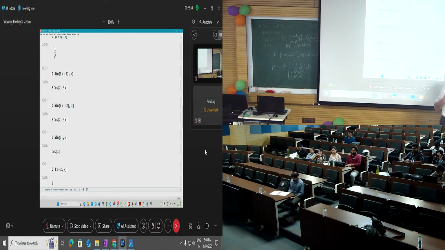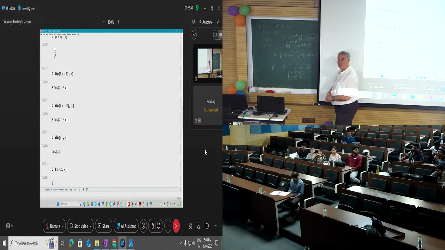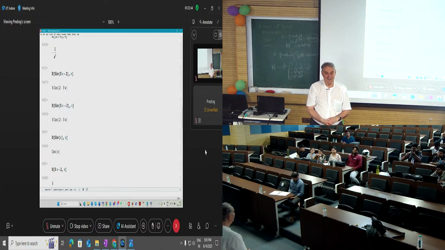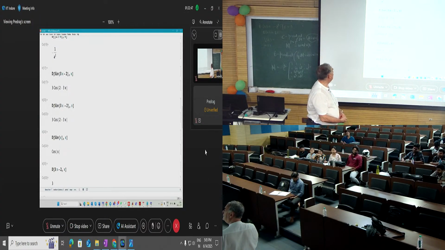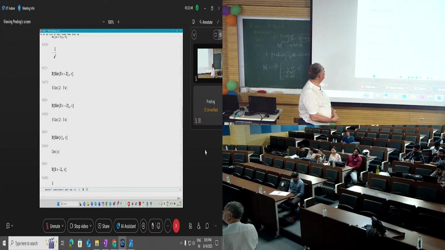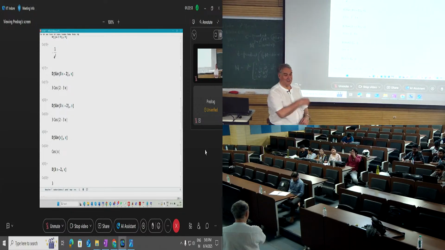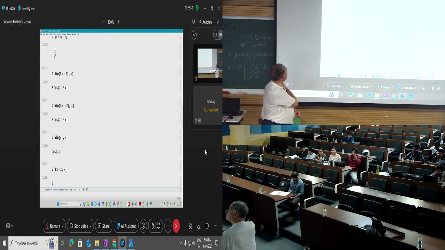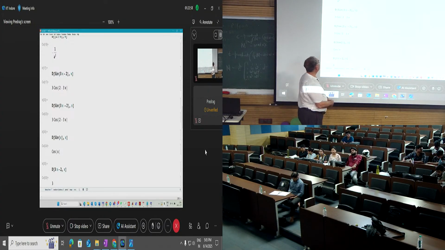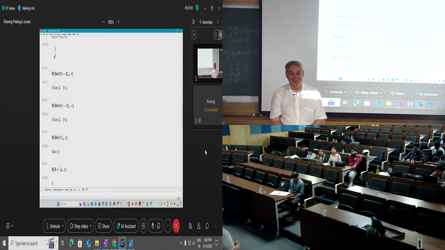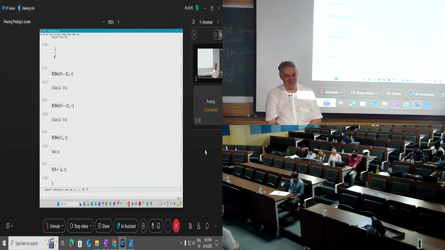All correct except... Sir, it is also true. They have taken the common minus sign out. Cos of minus x is cos x. So it is true. The derivative of sine is cosine. Cosine of 3x minus 2 times the derivative of 3x minus 2.